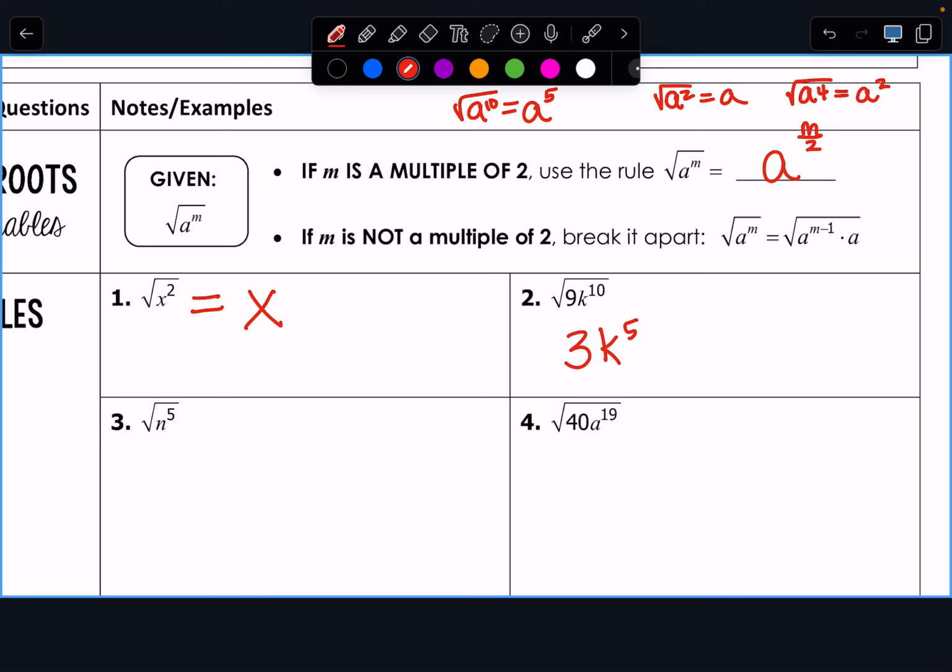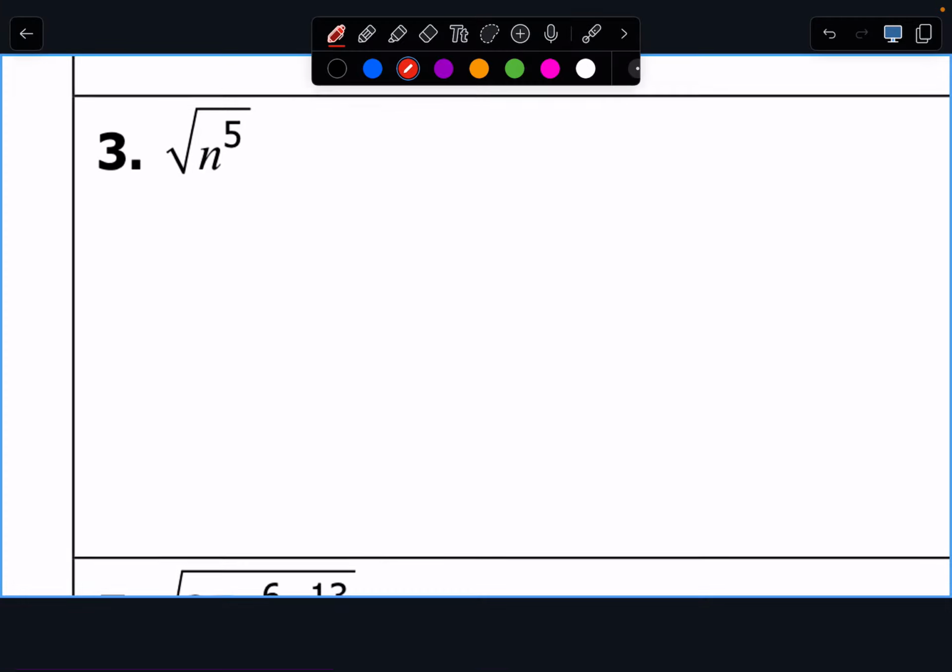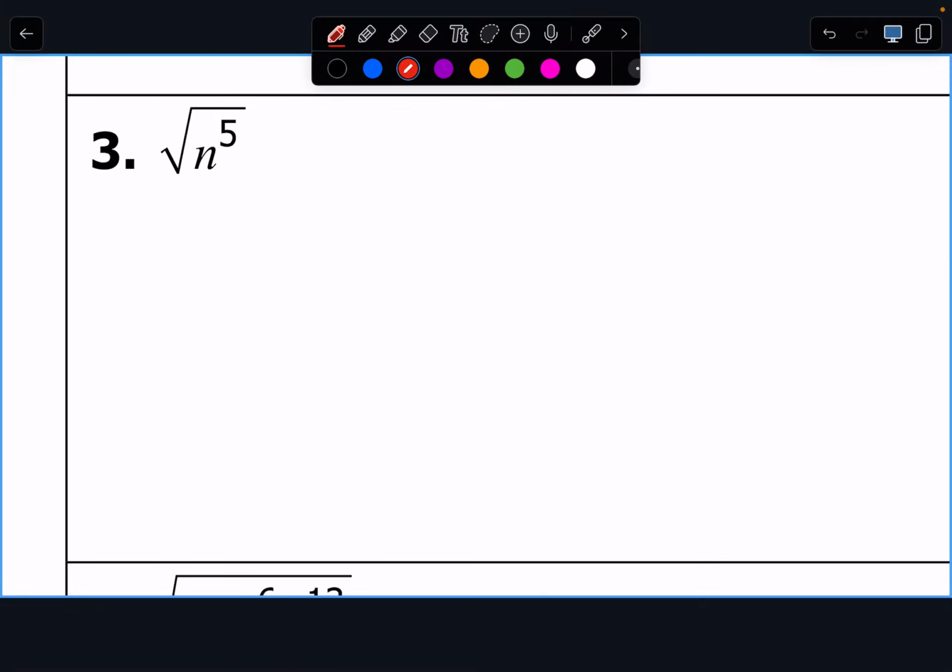Okay. Now, not all the time are we going to have perfect squares. So let's talk about this square root of n to the 5th. That's an odd number, correct? So what I'm going to do is I'm just going to rewrite it as n to the 4th times n to the 1st.